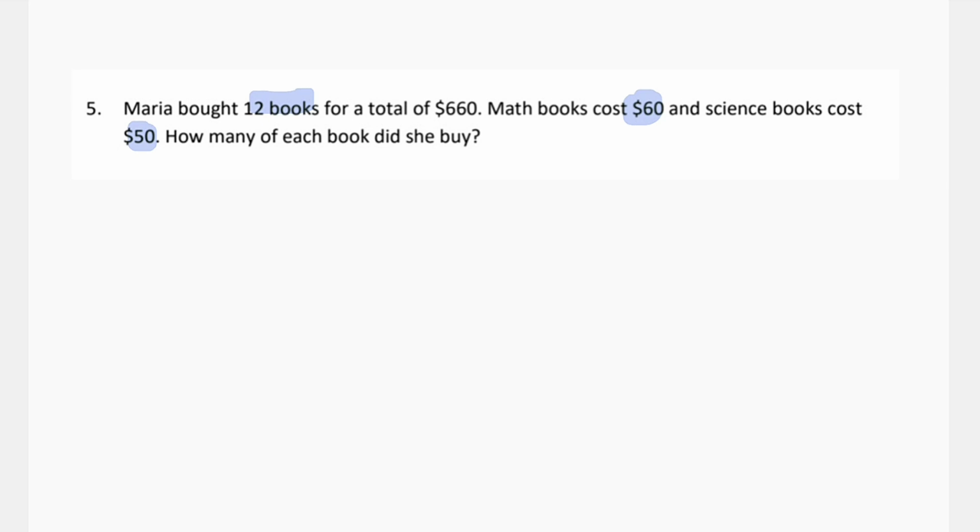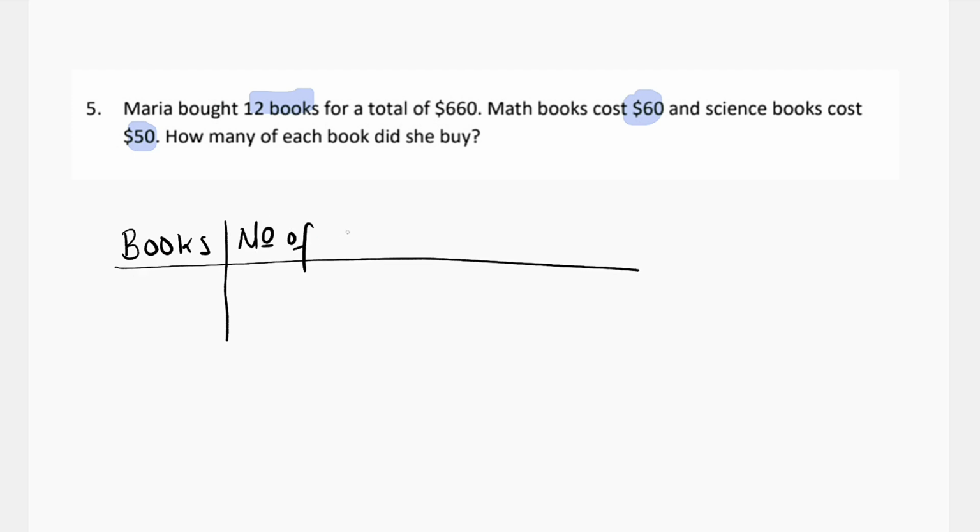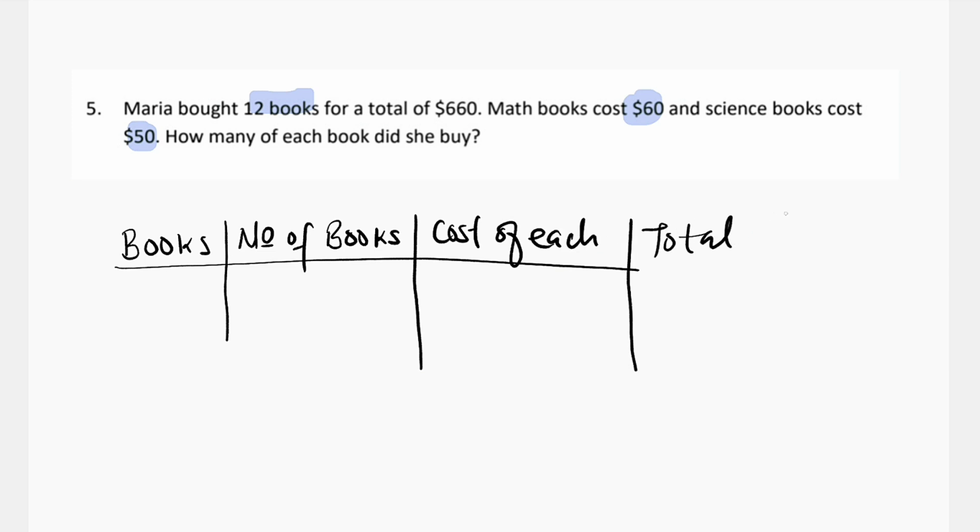The table will start with the number of books, then the cost of each book, then the total cost. We have two kinds of books, the math book and the science book.